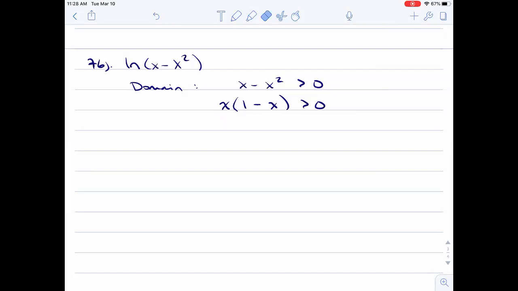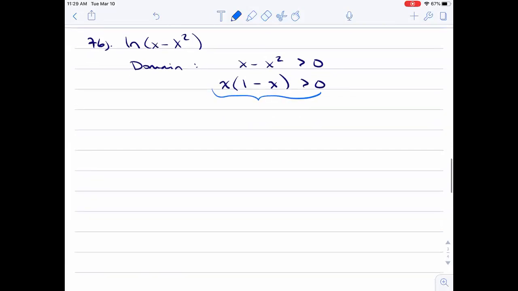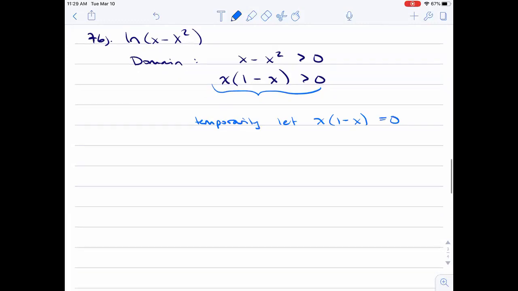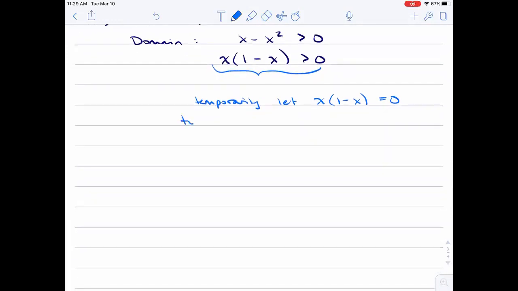So here, temporarily, let x times 1 minus x equals 0, to see how the signs behave.